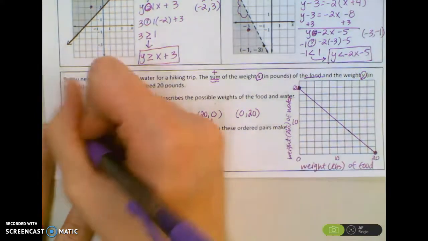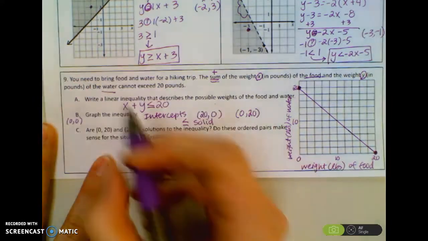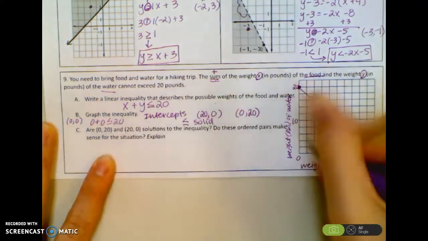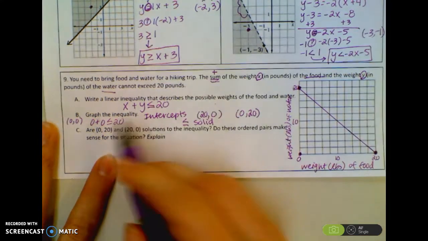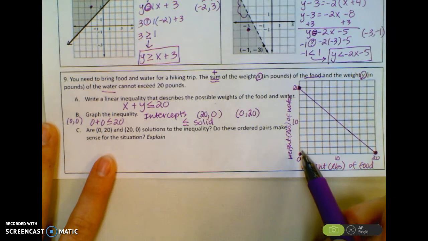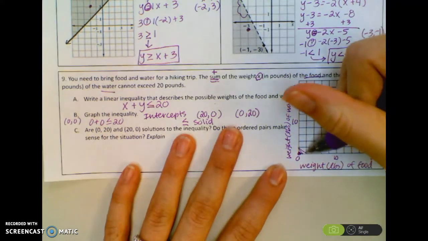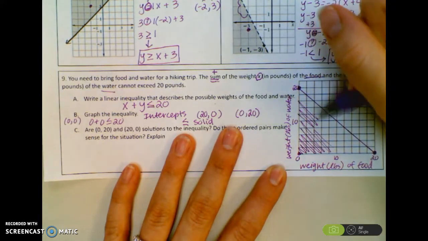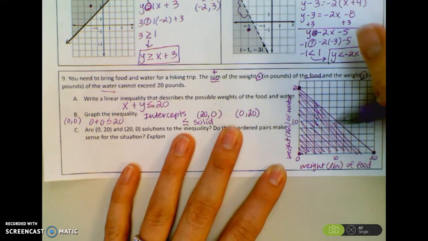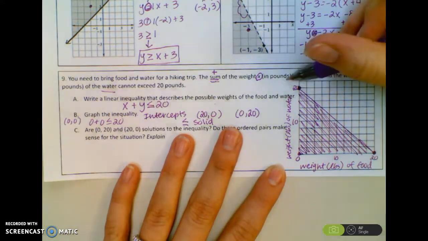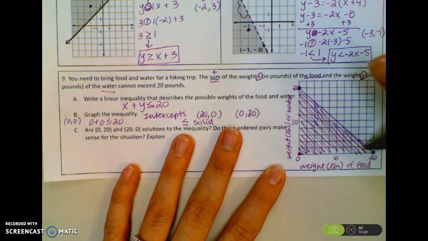So if we plug in (0, 0), then that gives us 0 plus 0 is less than or equal to 20. Is that true? Yes, it is. 0 is less than or equal to 20. So we are going to shade the half plane that includes the 0. That is this half plane. We're not going to extend our arrows past the axes because we can't bring a negative amount of food or water.